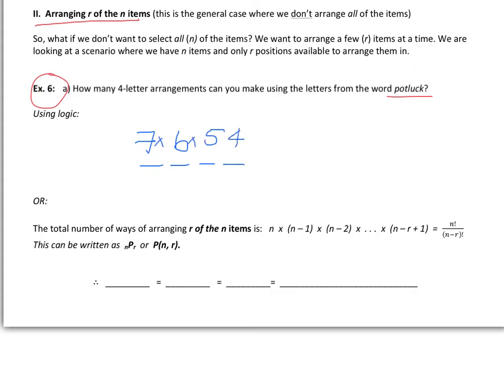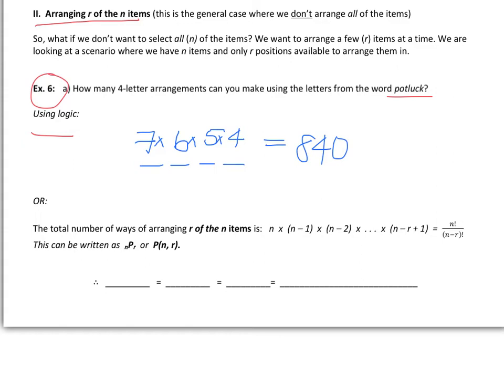And so we know again by the fundamental counting principle, the way that we're going to get the arrangements is by multiplying these, and I should get 840. Now this example was fairly tangible because we were using small numbers like 7 letters and a 4-letter arrangement, so we were able to use logic to actually figure it out. However, if we were given much larger numbers, this would be much more difficult.